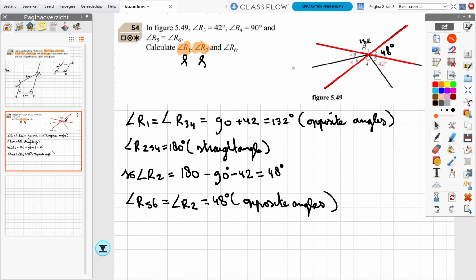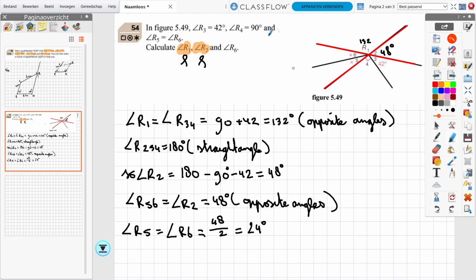You see that happening right now. Now that we know that angle R5/6 is 48 degrees, and we know that angle 5 and 6 are the same measurements, oh, angle R5 is angle R6, that means that both of them split that 48 by 2. So both of them are 24 degrees.